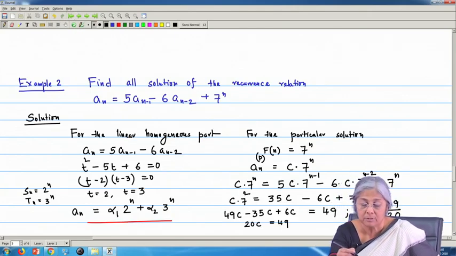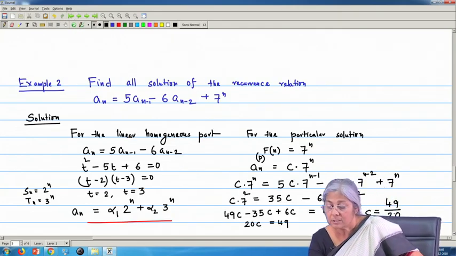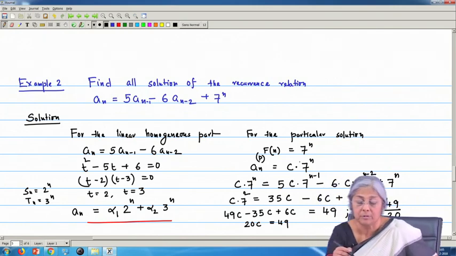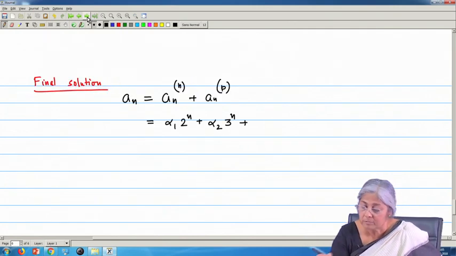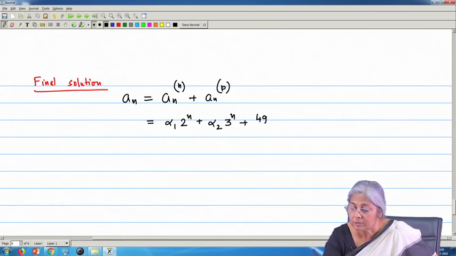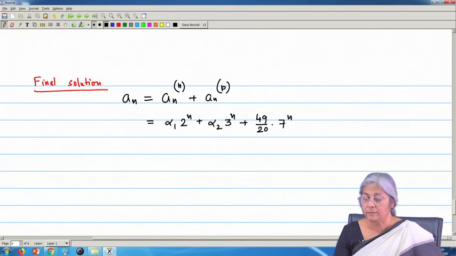C is 49 by 20, so this becomes 49 by 20 into 7 to the power n.